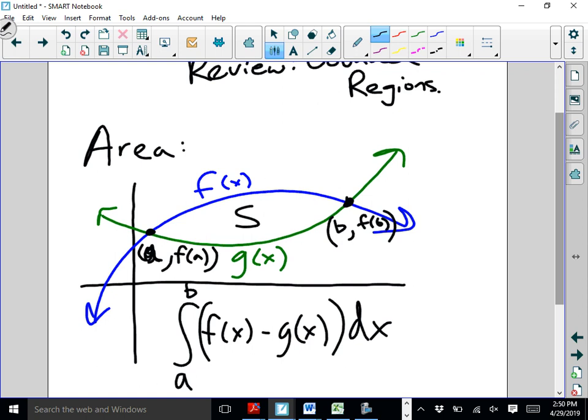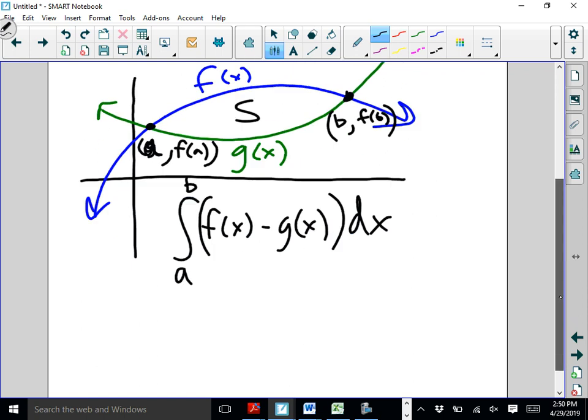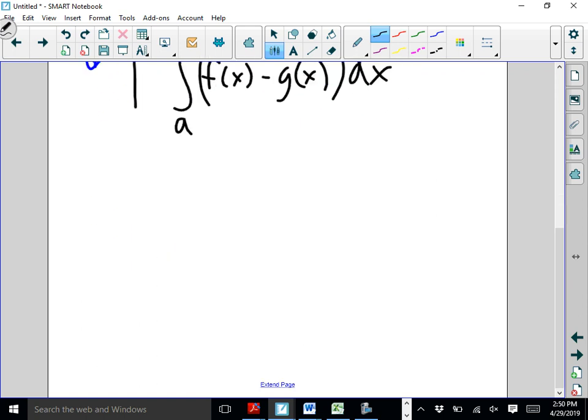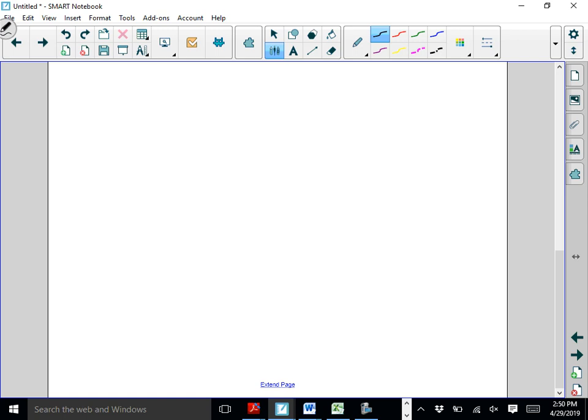Okay, next. We'll talk about the disk method. The disk method is when we have a region where one of the boundaries is also what we're revolving around.